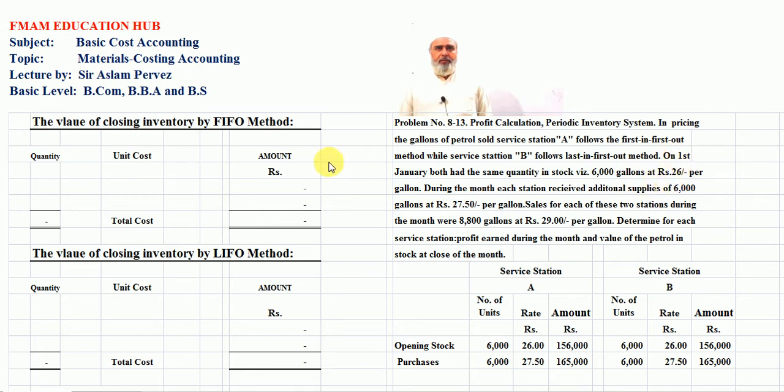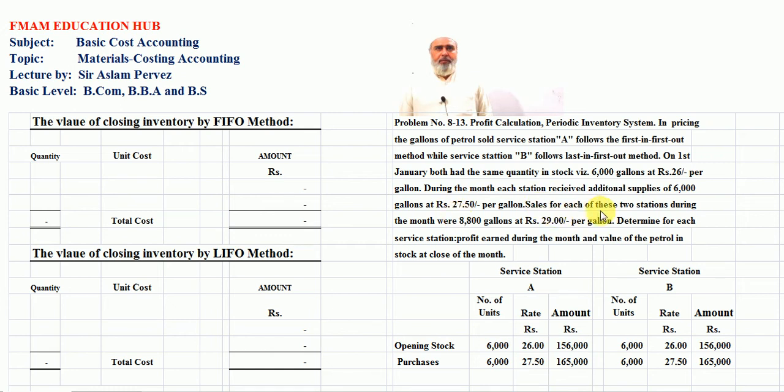On 1st Jan, both had the same quantity in stock, 6,000 gallons at rupees 26 per gallon. During the month, each station received additional supplies of 6,000 gallons at rupees 27.50 per gallon.